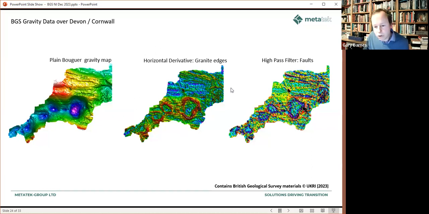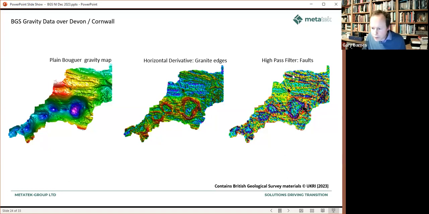But then taking the total horizontal derivative, we're seeing something very similar to what we were showing in the modeled response, where we have this high, these contours, which are giving information about the outcropping surface and also the extent of that subsurface granitic volume.